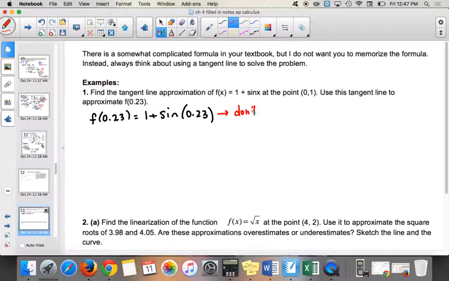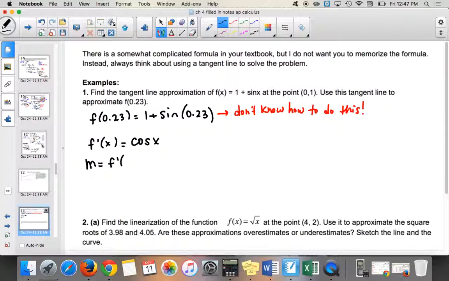We don't know how to do this, so we're going to use an approximation. We're going to find f prime of x, which is going to be 0 plus the derivative of sine, which is cosine of x, and find our slope by plugging in a point that's close to 0.23.